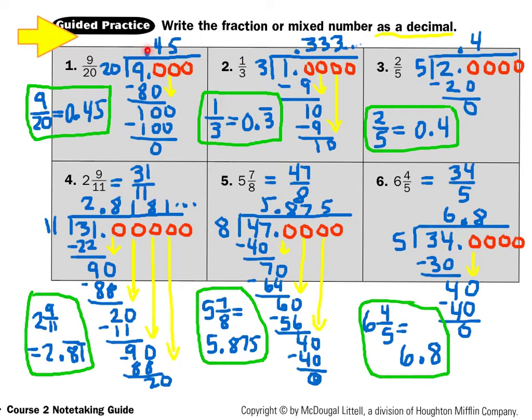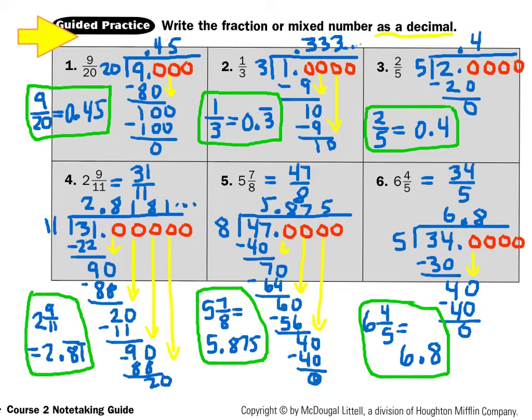Bring that decimal straight up, and let's do the dividing. 20 will not go into 9, but 20 goes into 90 4 times. 4 times 20 gives me 80. 90 minus 80 gives me 10, and I bring down a zero. 20 goes into 100 5 times. 5 times 20 is 100, and I have nothing left over, so I can stop. So grab the fraction, 9/20 equals, and now write it, 0.45, and box your answer. This is a terminating decimal.